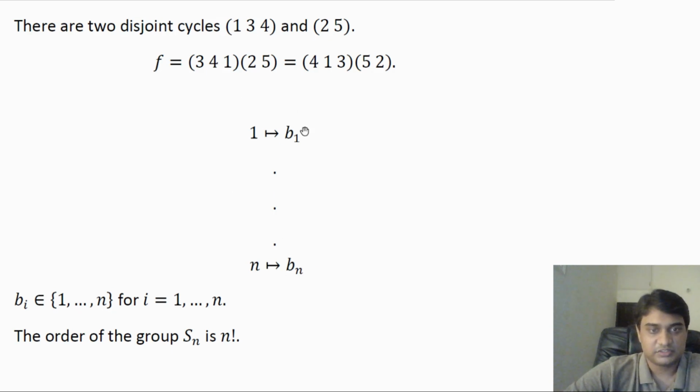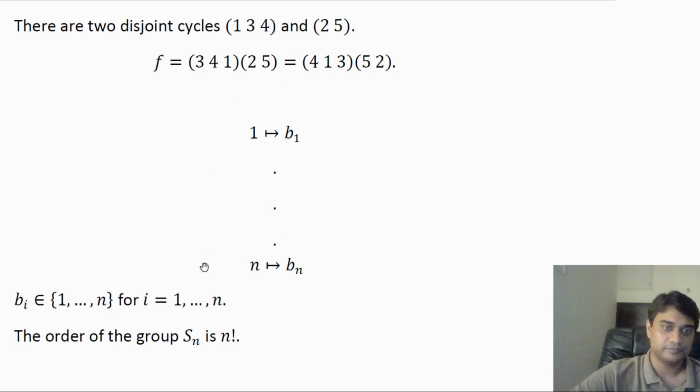So if I write it in this form, on the left column all these indices appear in ascending order from 1 to n, and this whole thing represents a permutation. On the right, all these b1 up till bn are elements of this set of indices 1 till n.